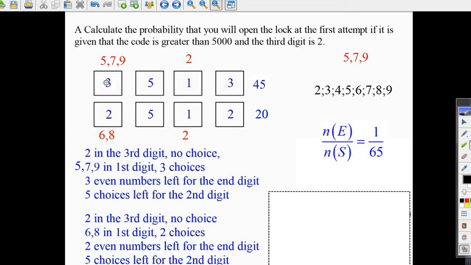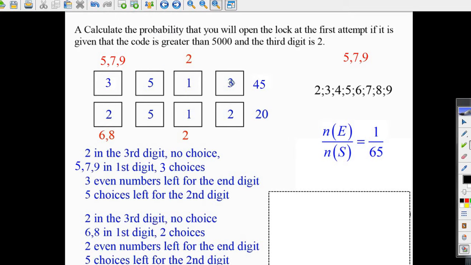I'm looking at it in terms of choices this way, starting with either a 5, 7, or 9. The first time it said greater than 5, so I thought, oh, I won't use 6. Oh, it should start with 6, but silly me. If it's got a 5 in front, it's going to be greater than 5,000.